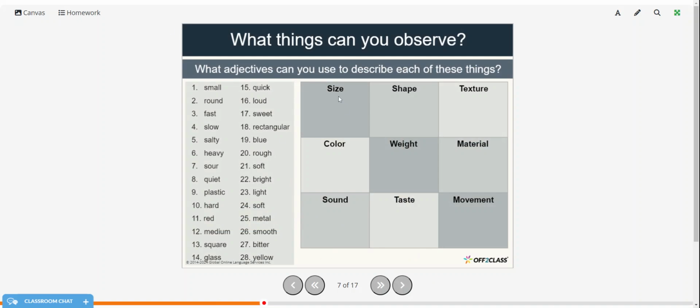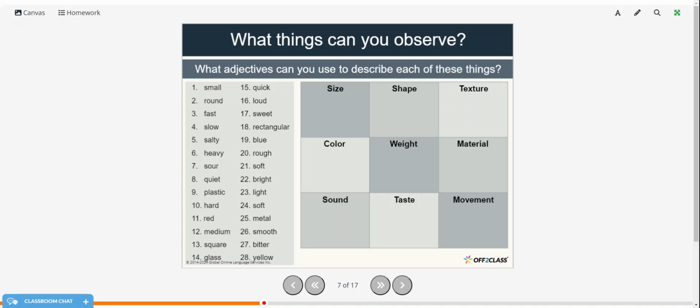So small would be size, round is shape, fast would be movement, slow, movement, salty is taste, heavy is weight, sour would be taste, quiet would be sound, plastic would be material, hard would be texture, probably texture.